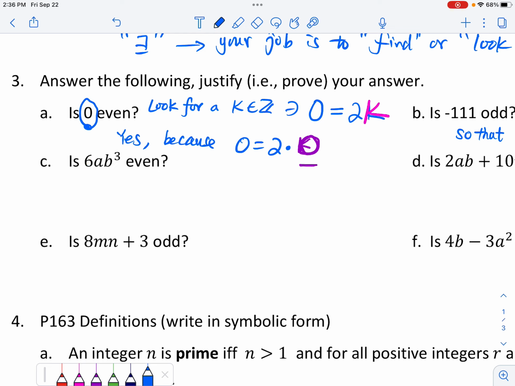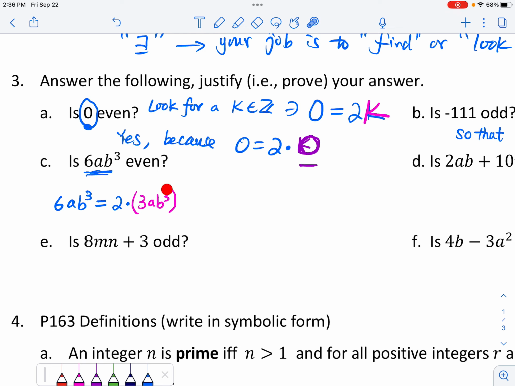Then you're going to ask, can you find an integer so that this guy is equal to 2 times that integer? Obviously, by looking at this, this is actually 2 times 3ab cubed. And because a is an integer and b is an integer, we already assume the product of integers is closed.